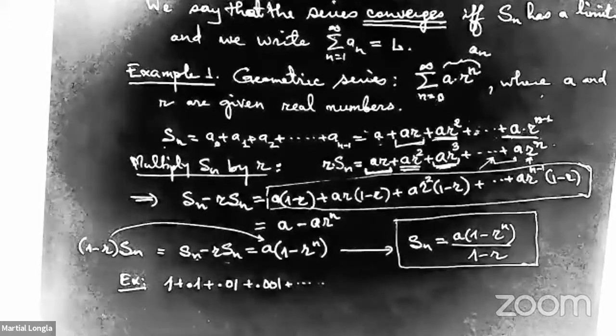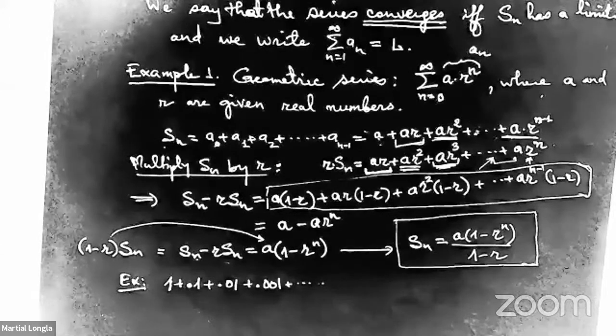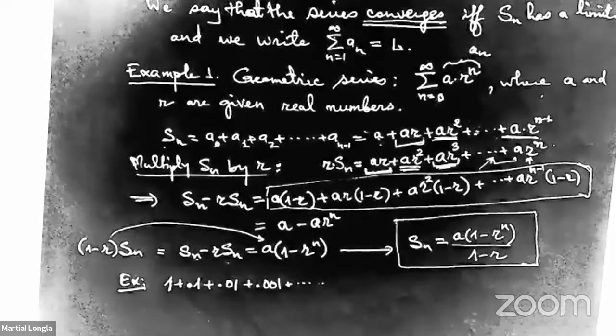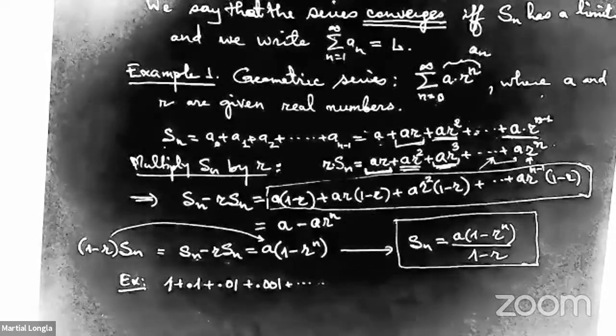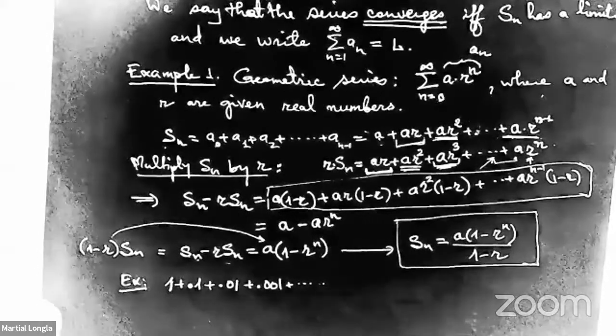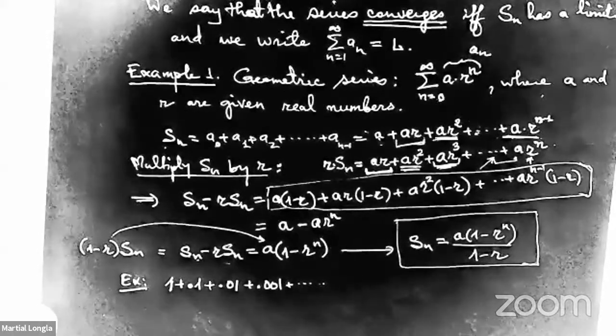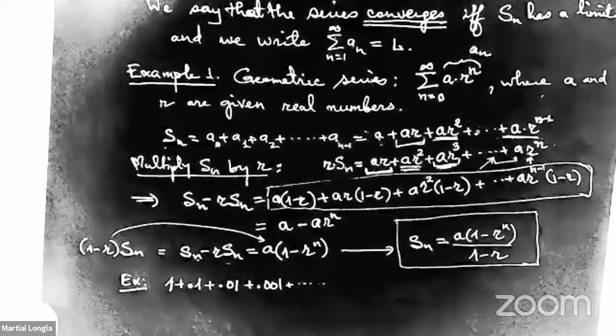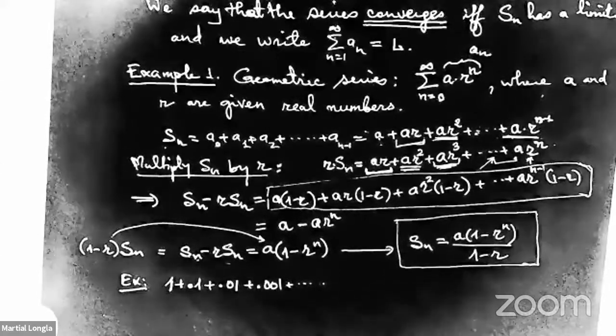If you have something like this, let's say you keep adding a 0 here and then continue adding, and they ask you what is this sum equal to, or what is the sum of the first n terms of this.